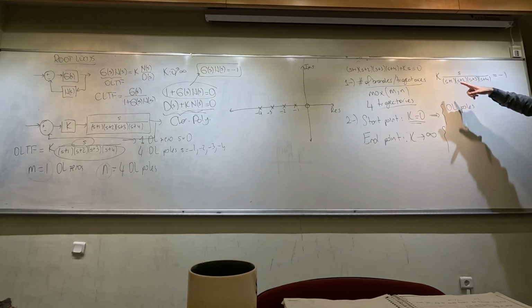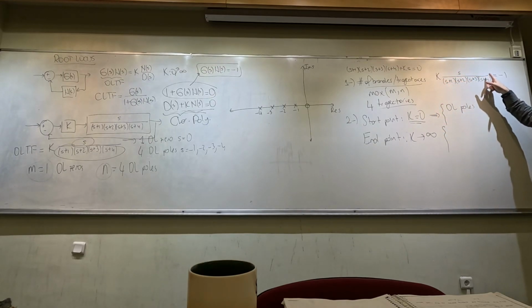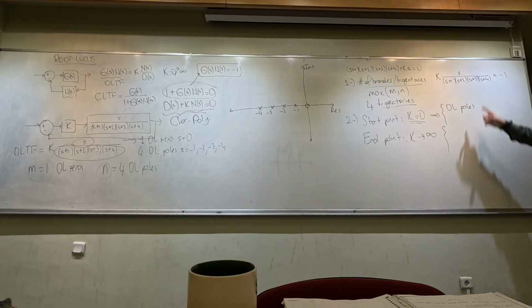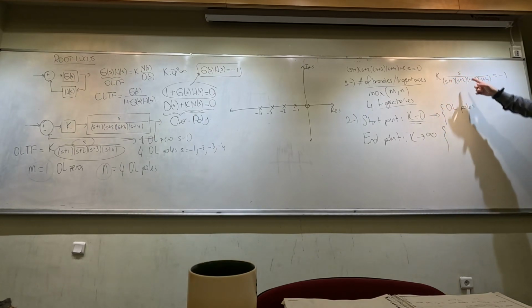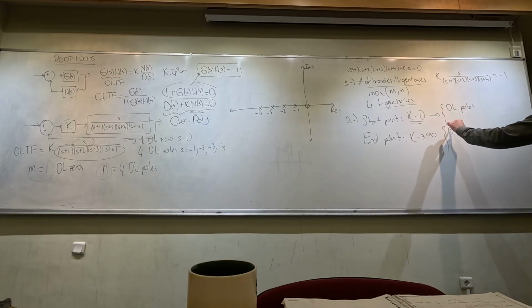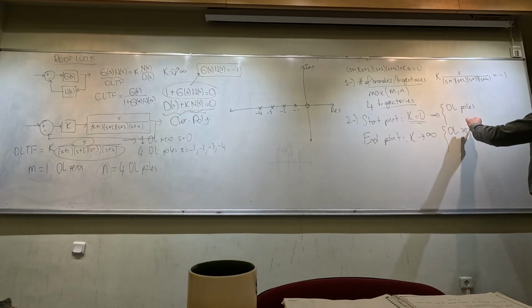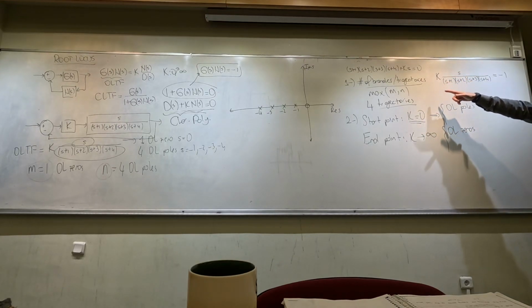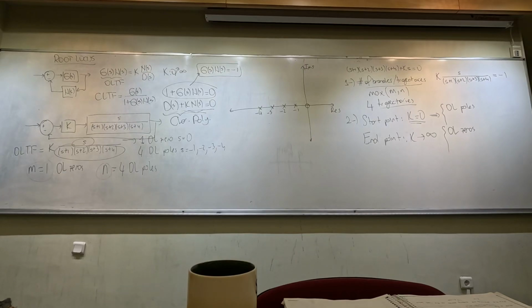So to satisfy this equality, the ratio should be equal to 0 when k is infinity. So this ratio is 0 when s equals 0. And s equals 0 is one of the open loop zeros. So root locus ends either at open loop zeros or sometime else when this ratio is again equal to 0.